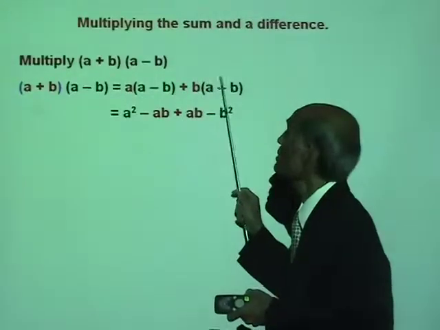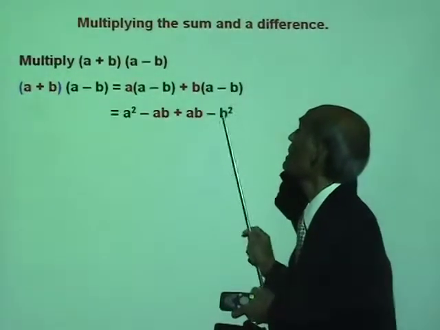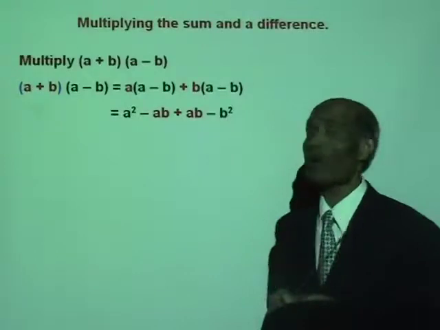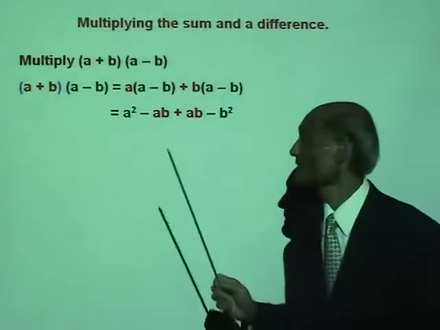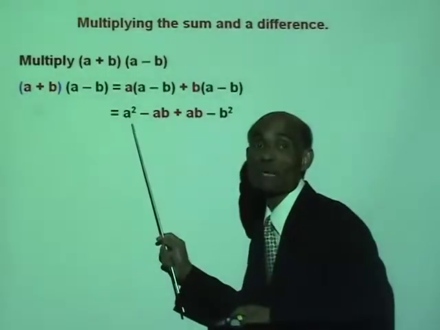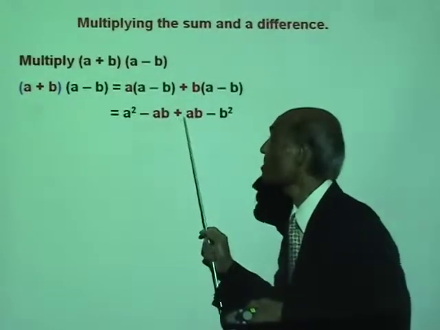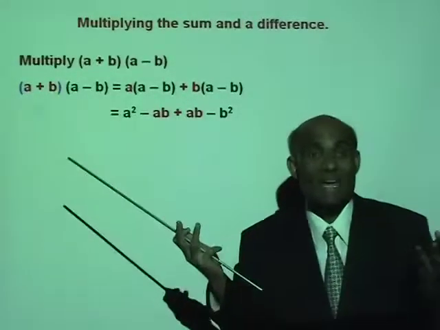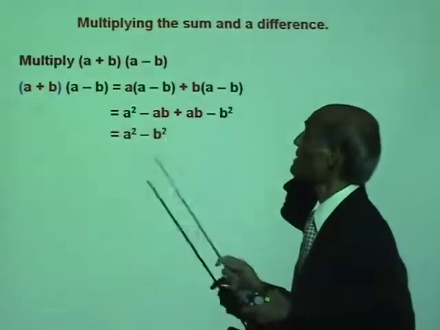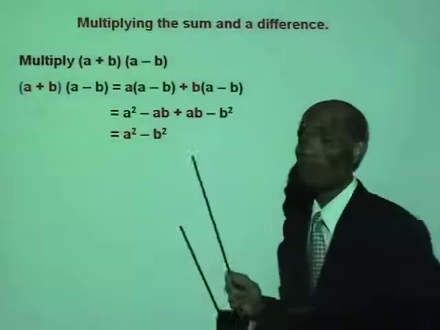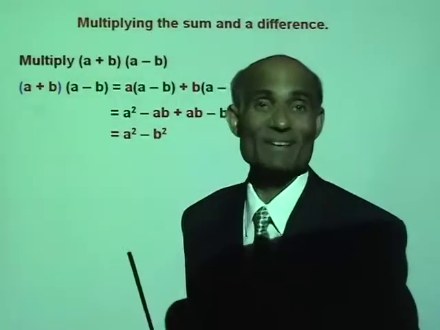Plus b times negative b is minus b squared. Now you notice one thing. The middle terms, negative ab plus ab, simply cancel. And that gives us the result a squared minus b squared.